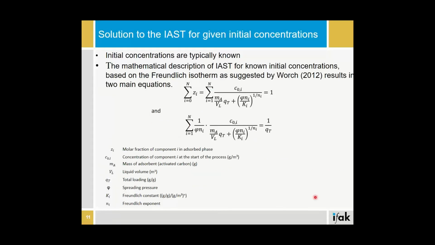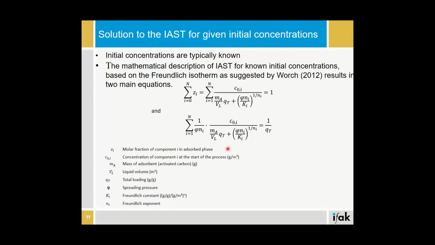But if we look at how to solve the IAST for given initial concentrations, because in batch adsorption systems, usually initial concentrations are known, the mathematical description for IAST for known initial concentrations based on the Freundlich isotherm, as suggested by Wirsch, results in 2 main equations.